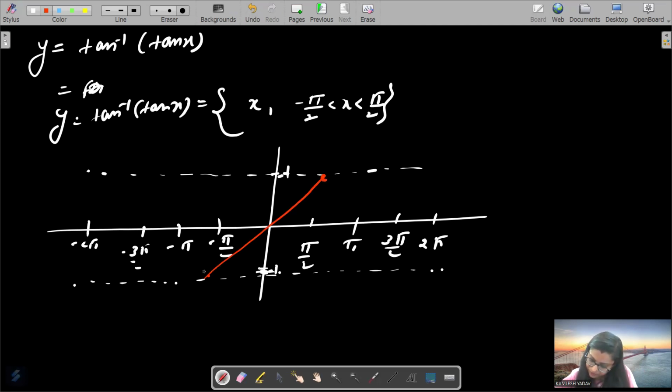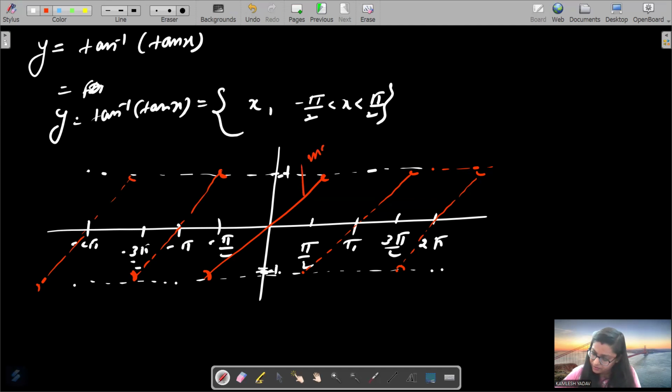And the other points are like this: zero, the next one is minus pi, then 2 pi.